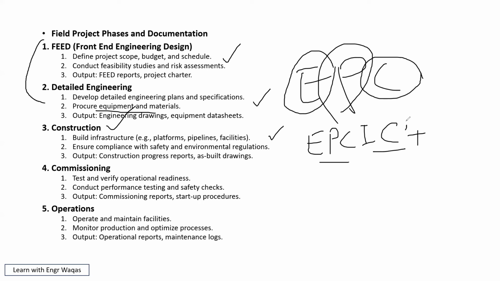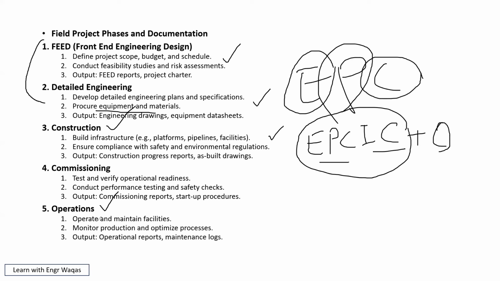Once it's done, it's handed over to the client, then lifetime operation will start. Like a refinery, the first time it's erected, installed, and constructed, it would be called EPC or EPCIC. I will repeat these things in the later series of these videos, where I will explain different kinds of EPC, EPCM, EPCIC.